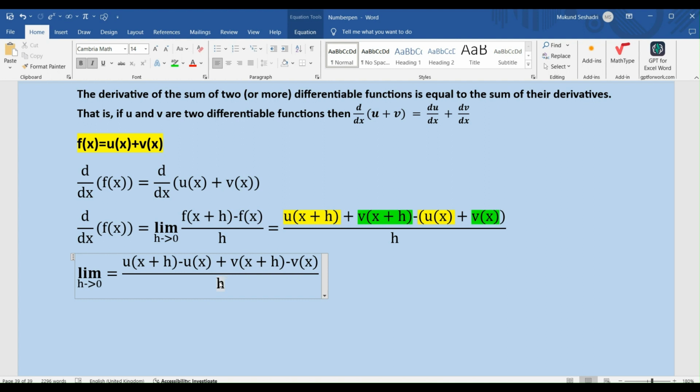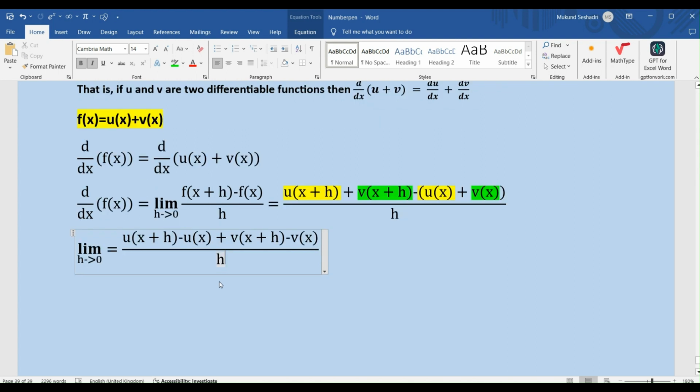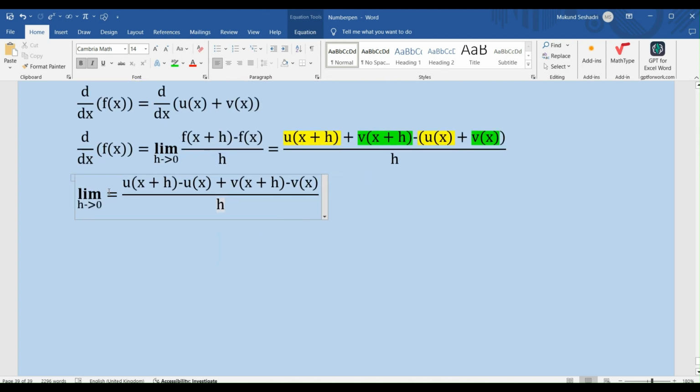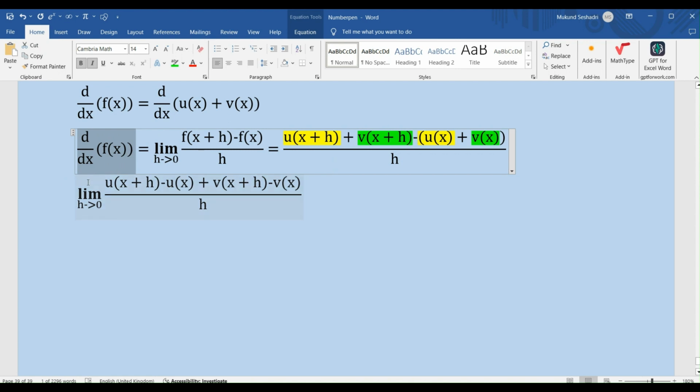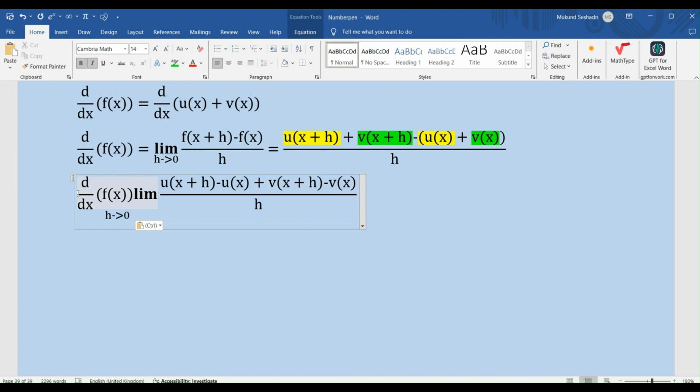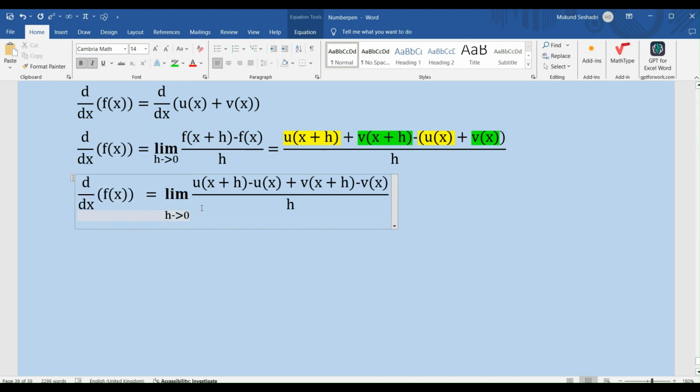Now I think we are very close to what we want to prove, right? So I'm sorry, folks, remove this equal to here. And then I'm going to just rearrange this, do a little bit more work here. So this is what we have.